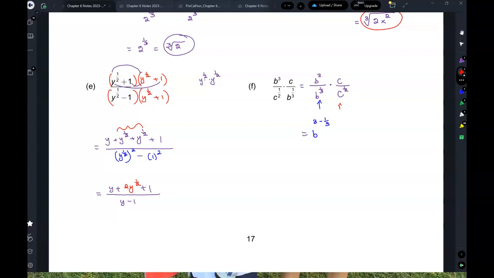Now let's do the same with C: C to the power of 1 minus 1/2. Look, I'm even separating them into different colors. Just divide and conquer. We're doing the B's separately, the C's separately. So what do I have here? B to the 2/3, C to the, oh no, it's 8 over 3.